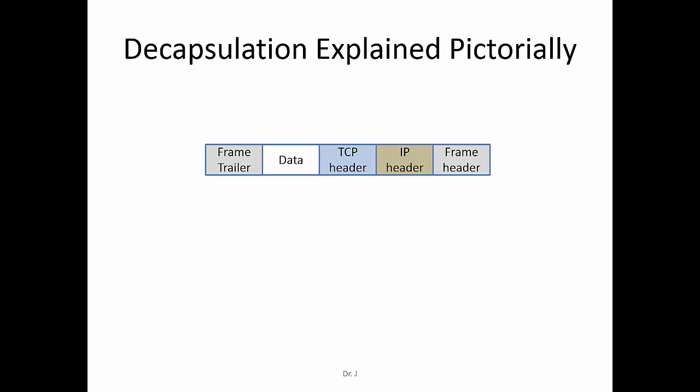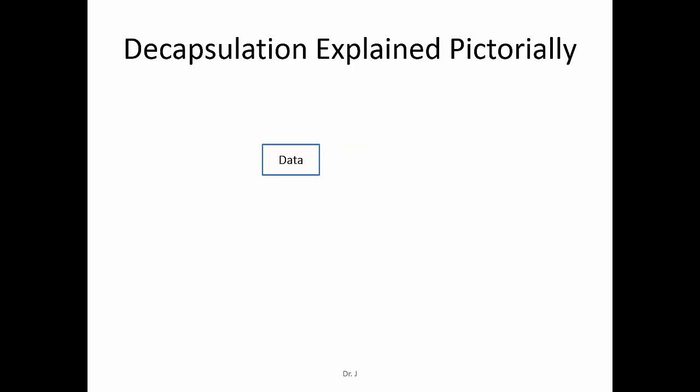Decapsulation occurs on the receiving side. You get the whole package, first remove the frame header and trailer, then the IP header, then the TCP header, and finally you have the data, which is sent to the application that needs it.